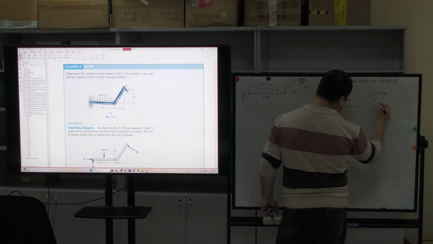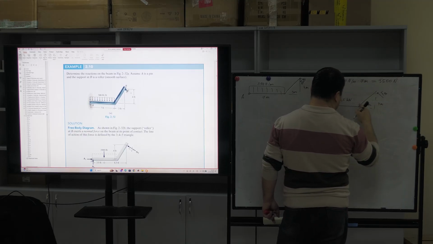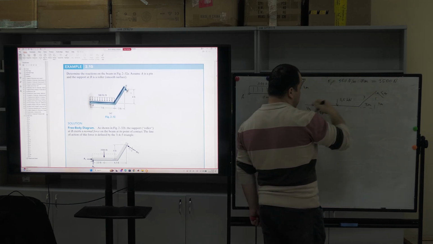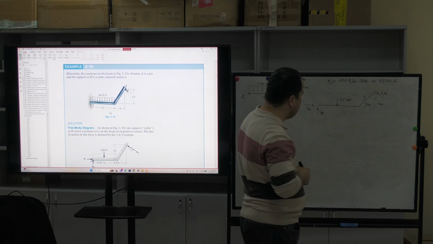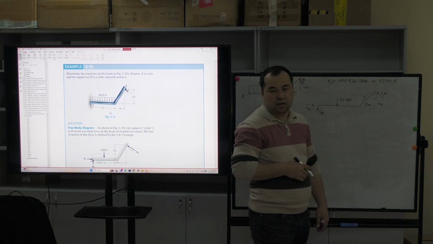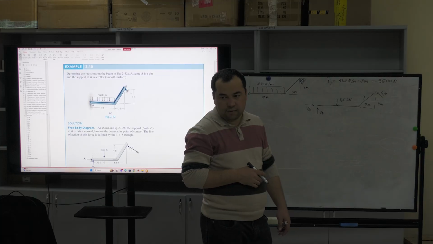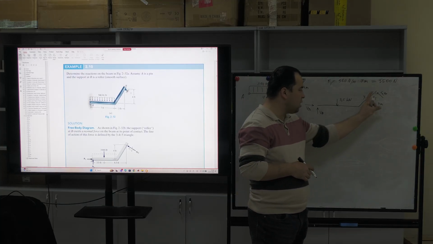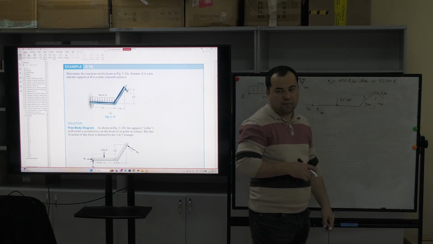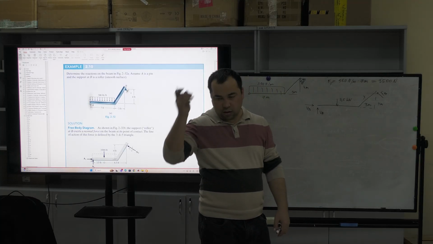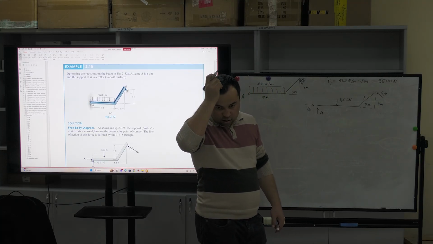And 4 meters, 3 meters length. Of course we can find the length of this one, but actually maybe I don't need it. I need only this distance and this distance for identifying some moments. Okay? Clear? Yeah.